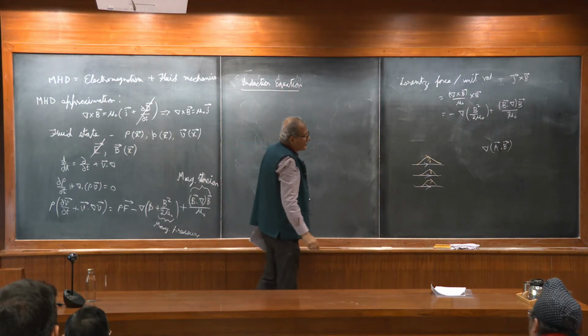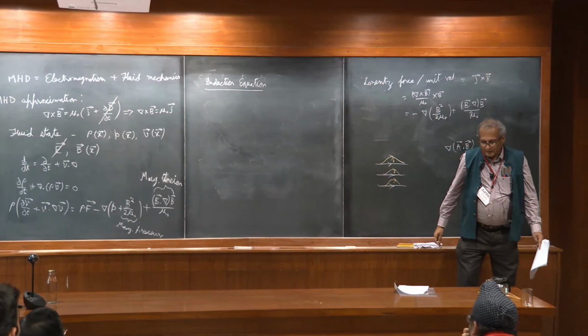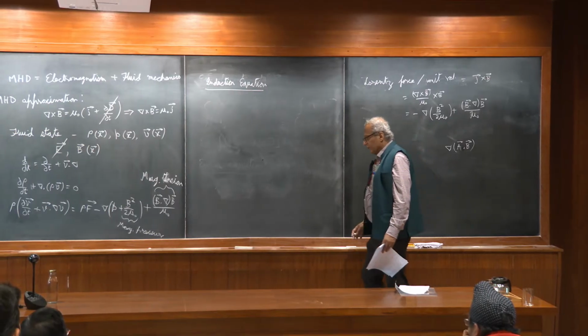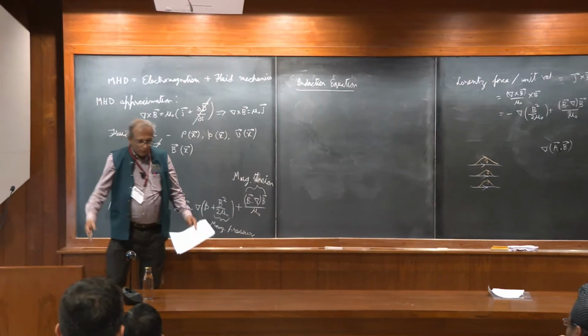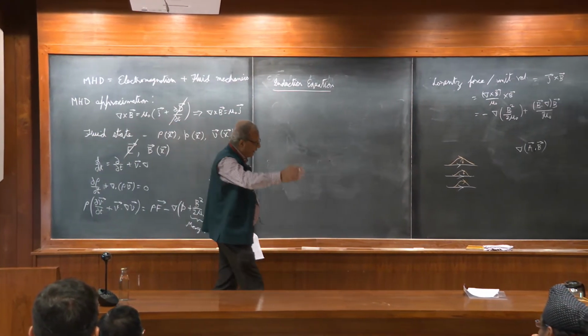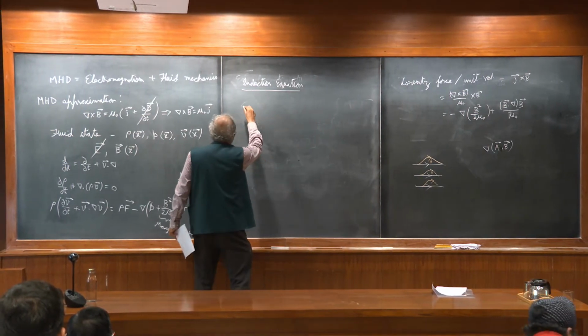Apart from Maxwell's equations, another very important equation is Ohm's law. Many of you probably would have learned about Ohm's law in a continuum situation also. Usually when there is no magnetic field, it's like this.